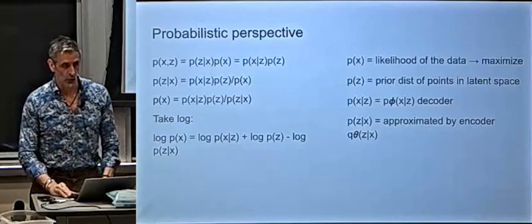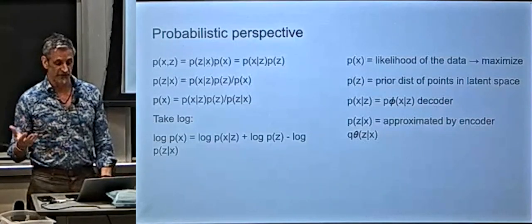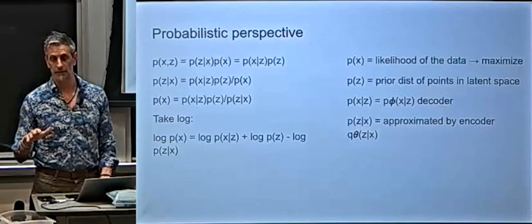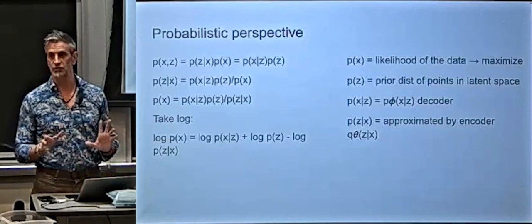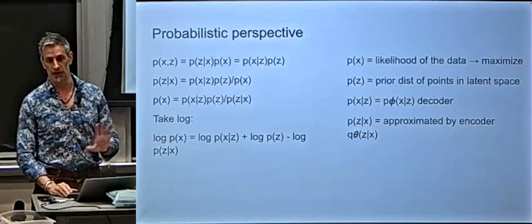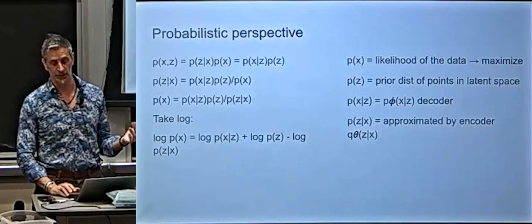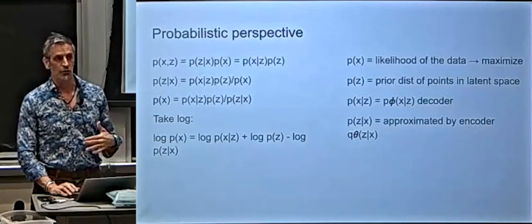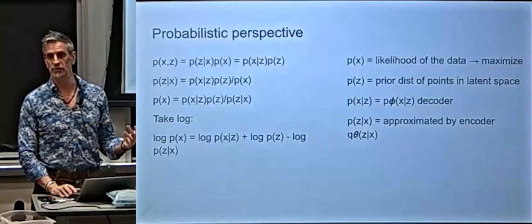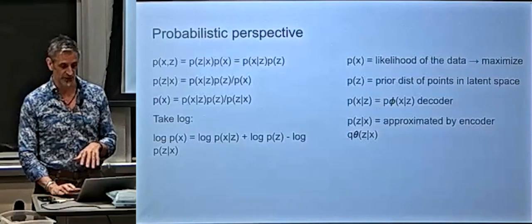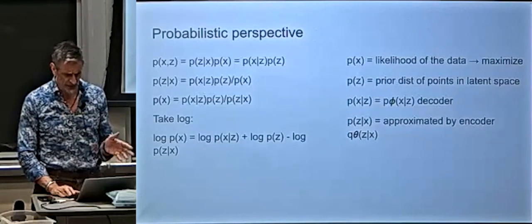So we're going to define the valid distribution of points, or the probability of seeing any particular vector in our latent space, from the start to be a multi-dimensional Gaussian.